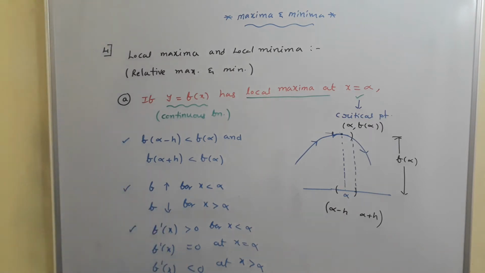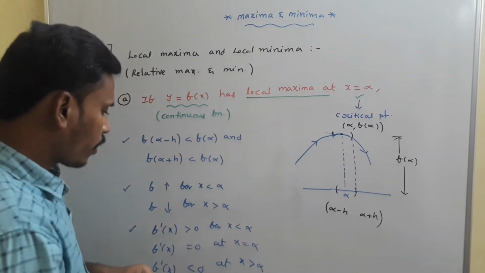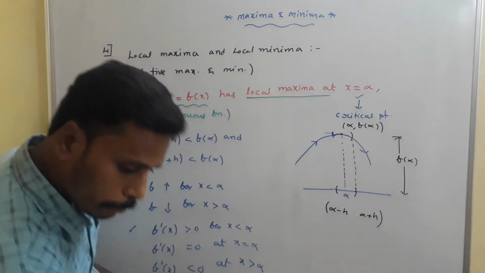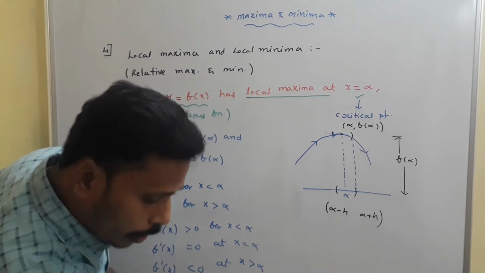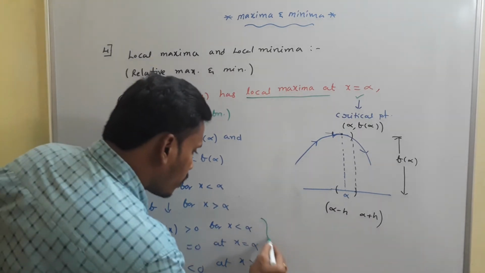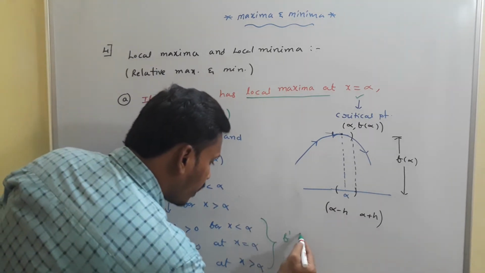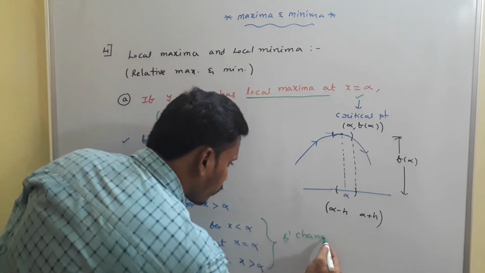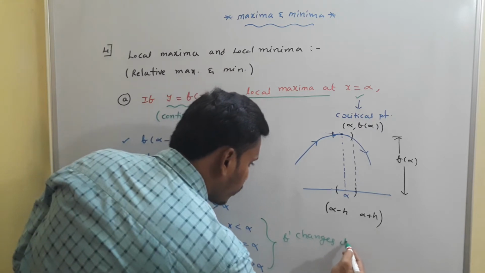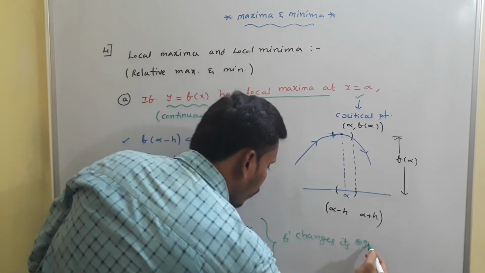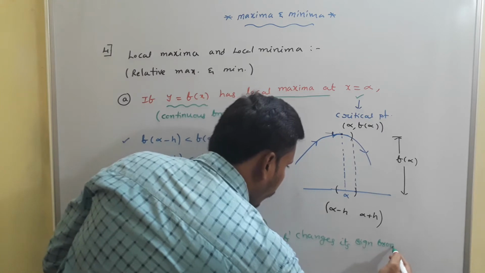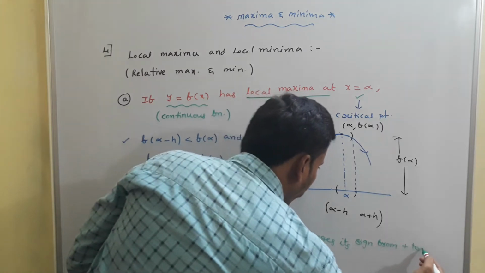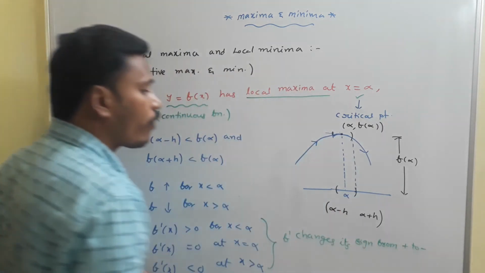See, by observing these three, what are those three? Derivative of f greater than 0, less than 0 and equal to 0. When you observe, I will conclude one more statement, that f dash changes its sign from positive to negative in the surroundings of alpha.